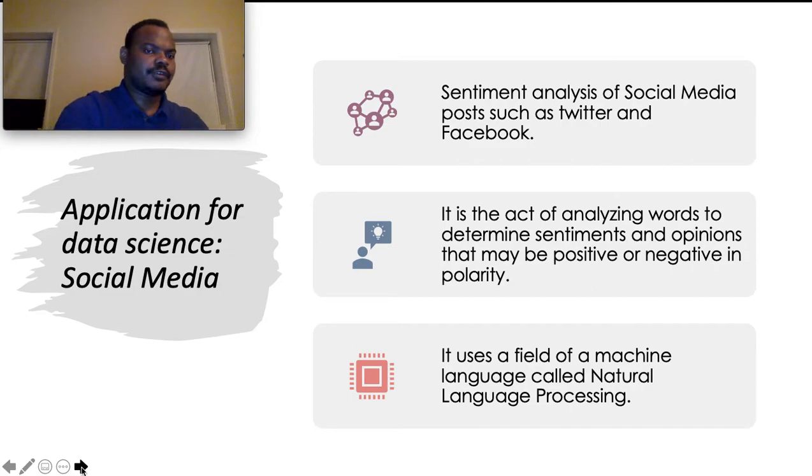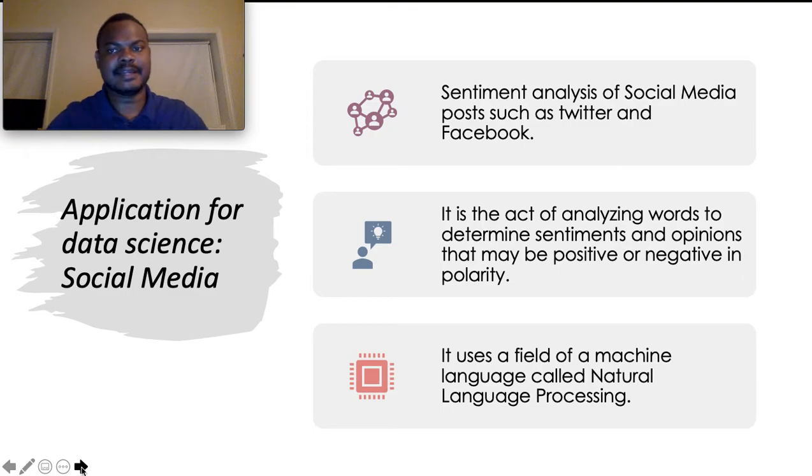Another application for data science is in social media. Within social media, there are so many ways that data science plays a role, but we're only going to deal with just one, just to give you an example. This field is called sentiment analysis. It is the sentiment analysis of social media data, social media posts, such as on Twitter and Facebook, right?